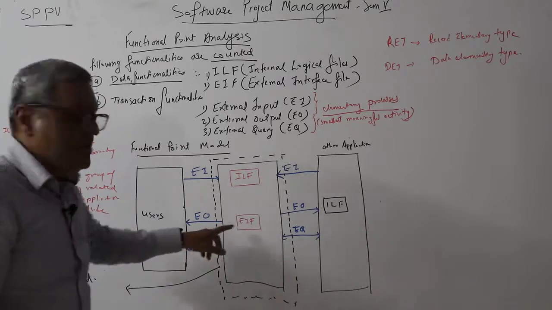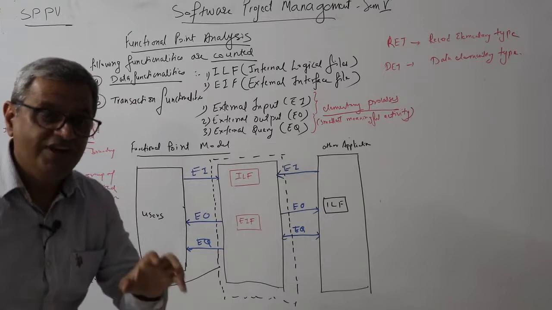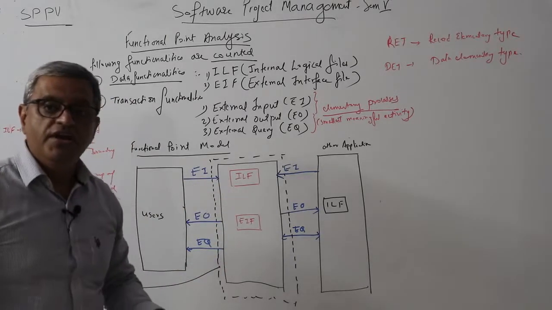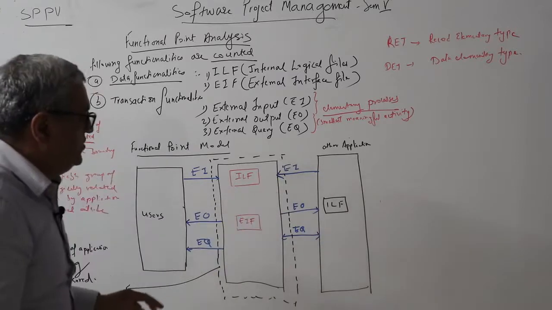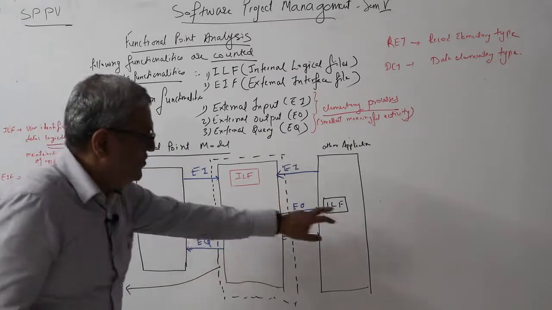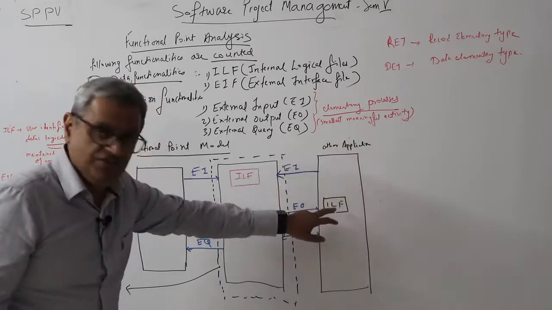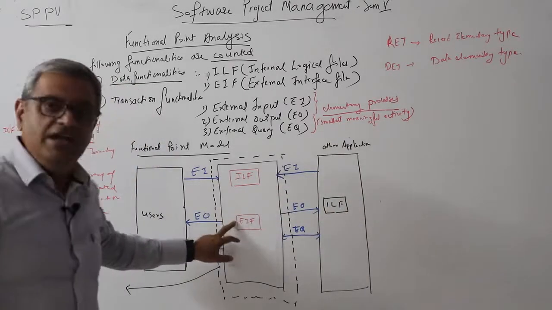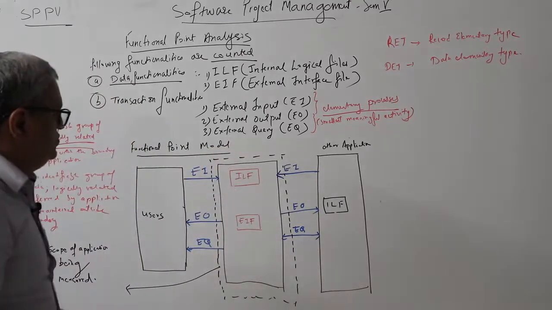EIF is the external interface file, which is maintained externally. So this ILF over here, which belongs to the other application, would become an EIF for the scope of this application. That's something which you need to understand.